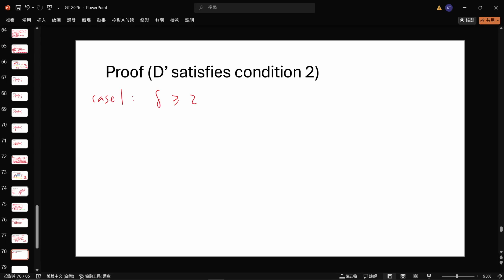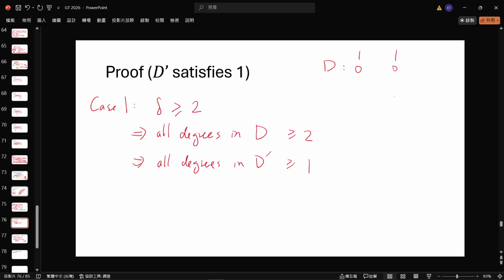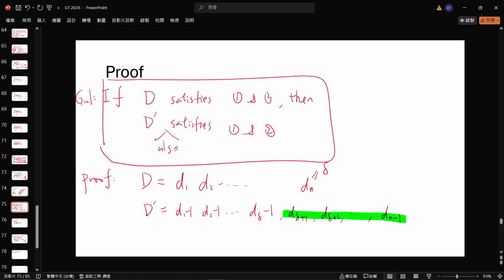So the intuition here is that if delta is large, okay, this means all degrees are large. This means originally all degrees are large, okay? So we have a large total degree originally. And if we have a large total degree originally, then we don't care about this small minus 1, okay?